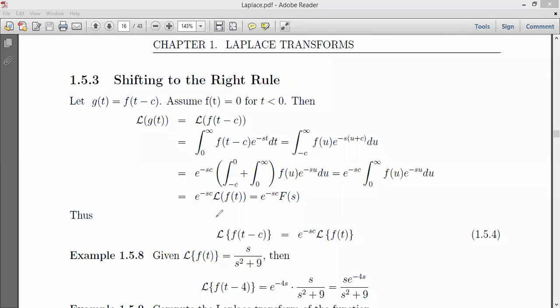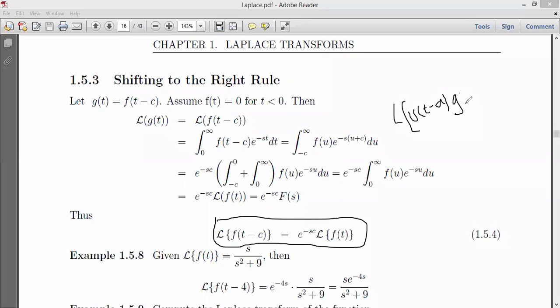Because you see, we deduce that you have this one here. But remember, we have already discussed that if you have L, I think you still remember what we have discussed, that if you have L of u of t minus a times g of t.